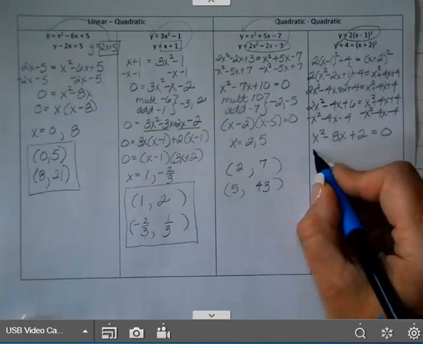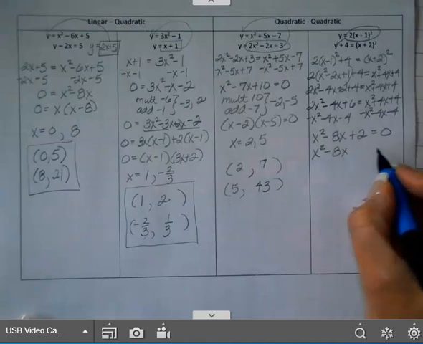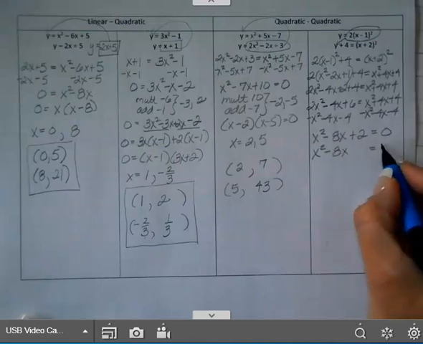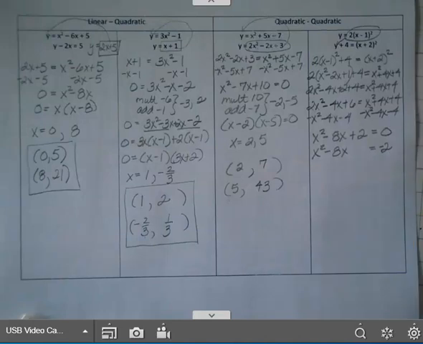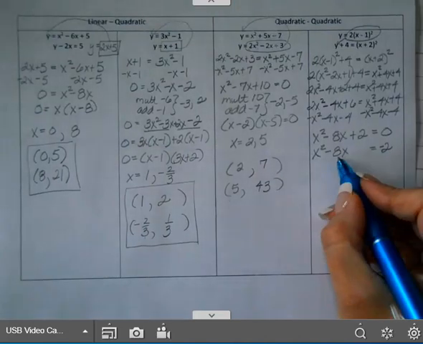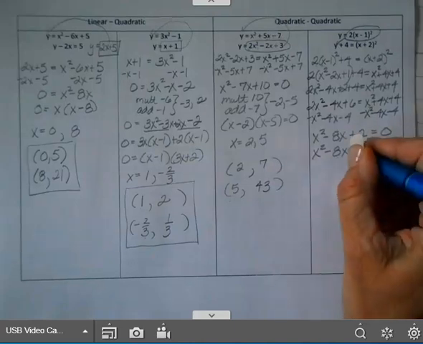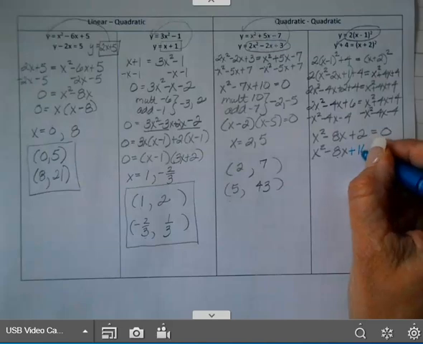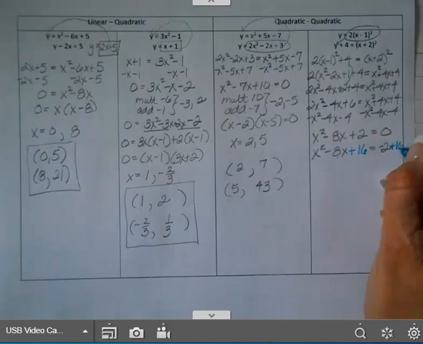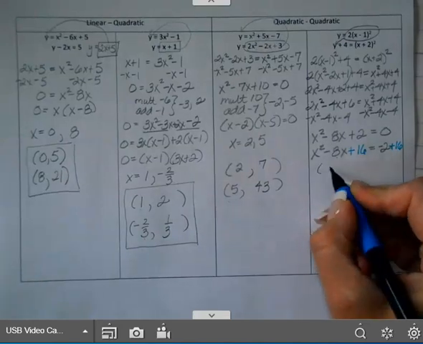I don't have to do the quadratic formula on this. So skip a little bit of space, put the 2 on the other side, and then you're going to take half of your middle term, your linear term, which is negative 4, and square it. So I'm going to add 16 to both sides. This is now a perfect square.